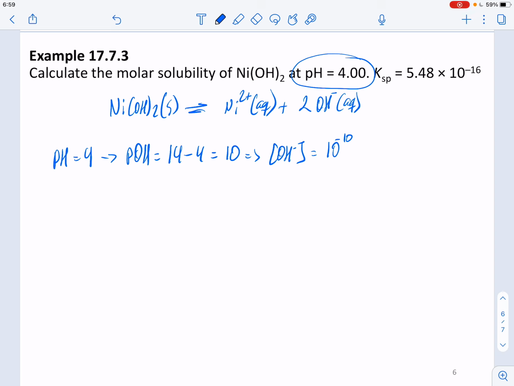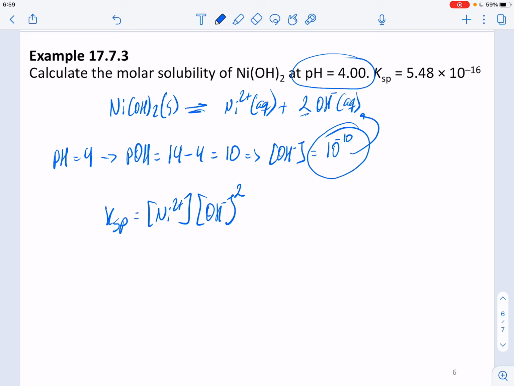So in our equilibrium, we are going to set this concentration equal to 10 to the negative 10. Okay? And then KSP is going to be the concentration of nickel 2 plus times the concentration of OH minus squared, because now you have 2 here.